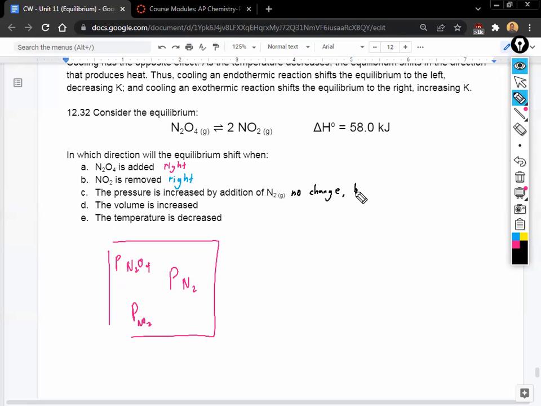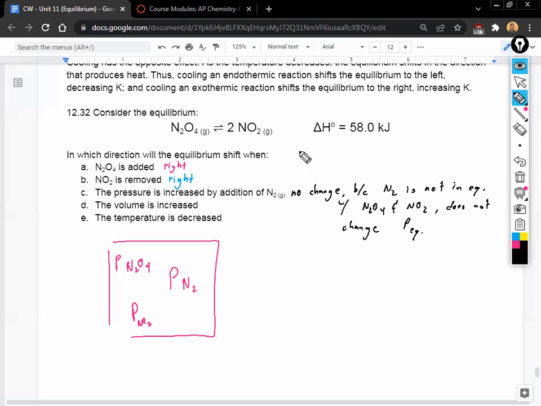So no change, because N2 is not in equilibrium with N2O4 and NO2. It does not change the equilibrium pressure. Okay, so it changes the total pressure, but it doesn't change the equilibrium pressure. And Le Chatelier's principle is talking about the equilibrium pressure, not the total. Okay.